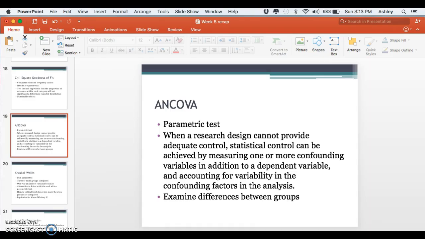Okay, so we're looking for unexplained variability. The variance in scores that can't be explained by an independent variable is what we're looking at specifically. So all experiments will have some unexplained variance, okay?